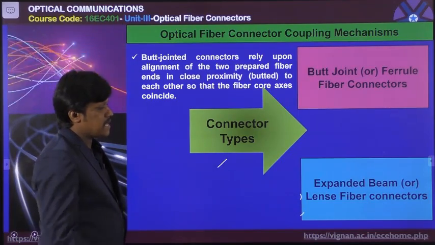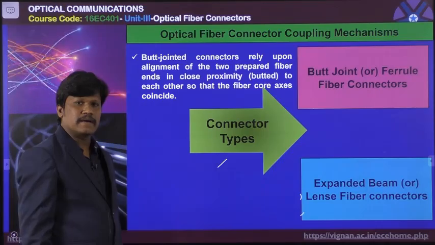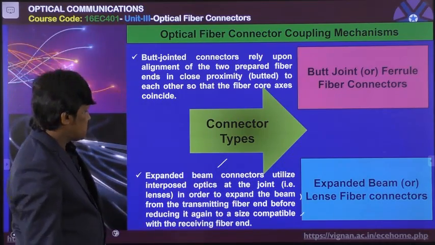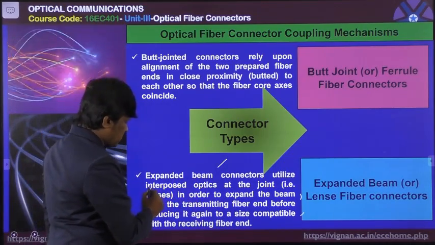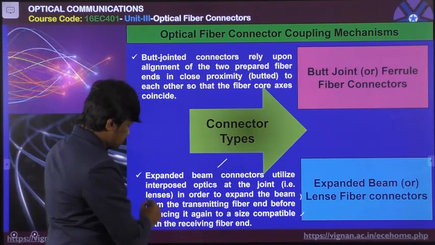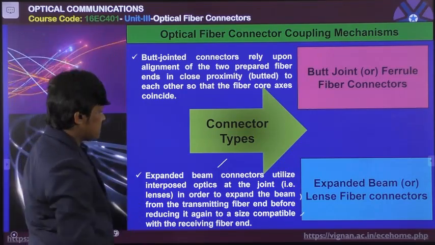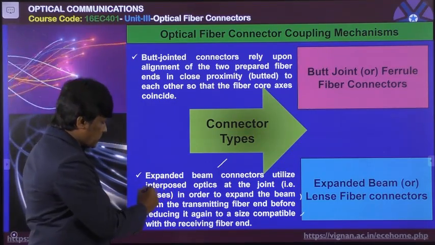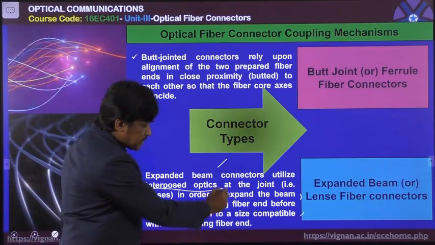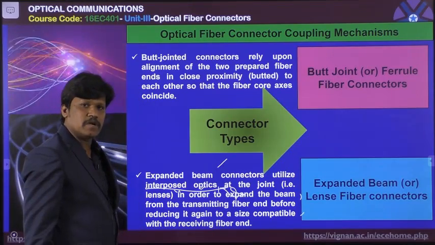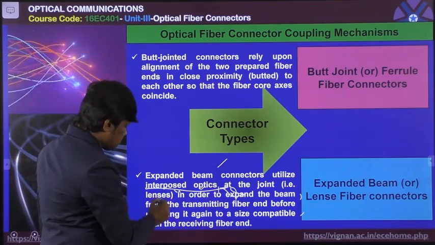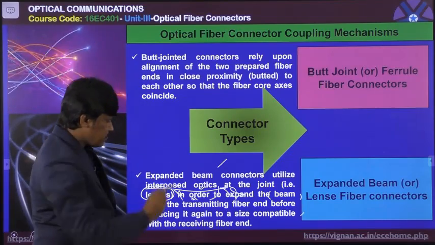So next coupling mechanism is expanded beam or lens fiber connectors. This expanded beam connectors utilize optical lenses. These connectors utilize interposed optics at the joint. That is nothing but lenses.